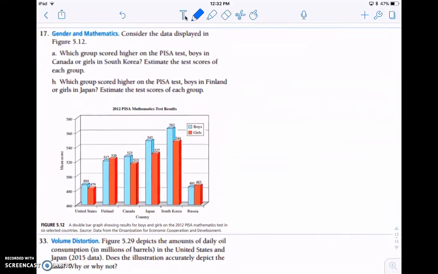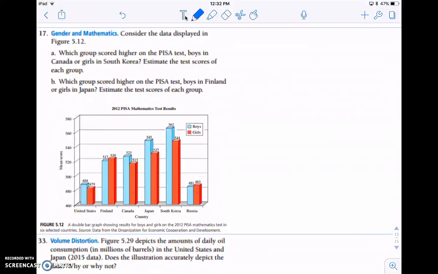Okay, 17, we're looking at the following graph. We want to answer a couple questions. So first, which group scored higher on the PISA test, which is an international test, the boys in Canada or girls in South Korea? Estimate their test scores.